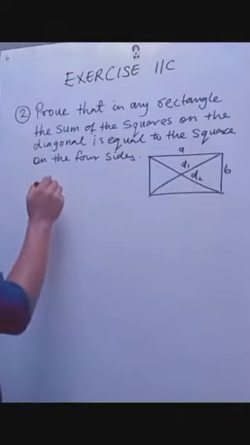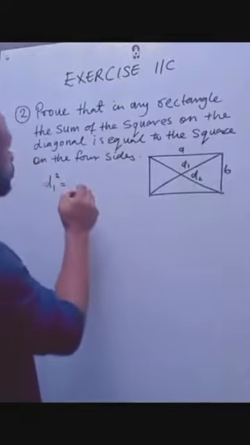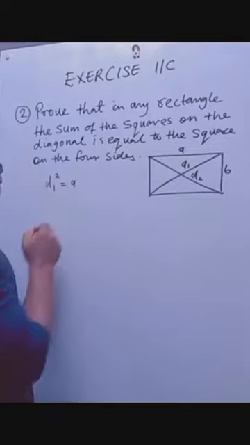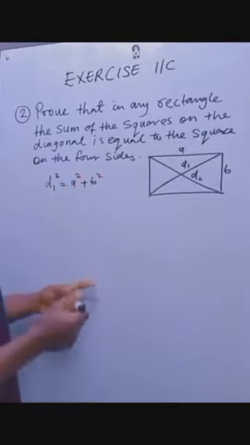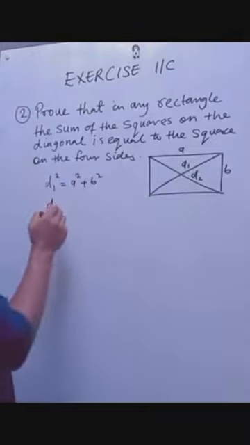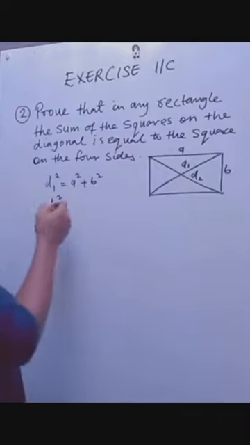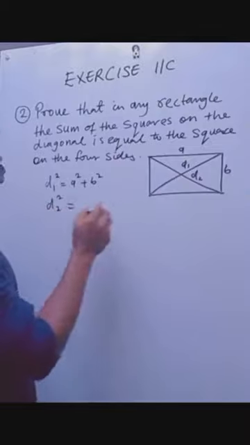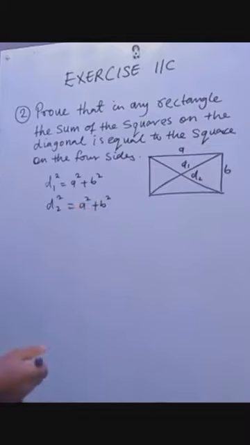Therefore, the square of D1 is equal to A squared plus B squared. And the length of D2 squared is the same thing, A squared plus B squared.